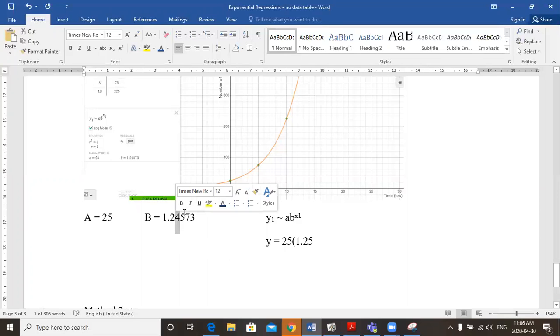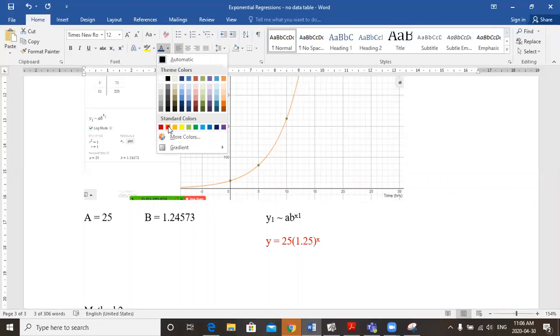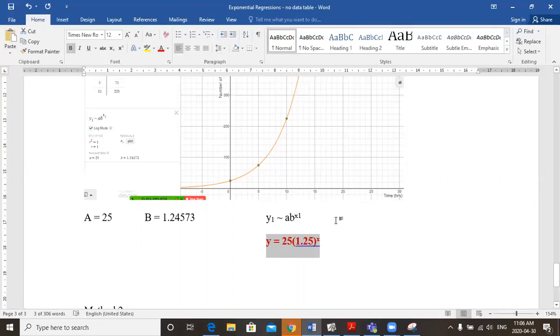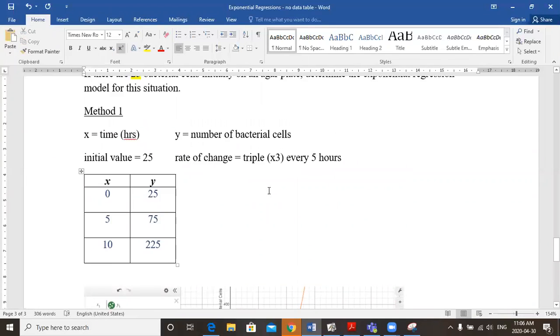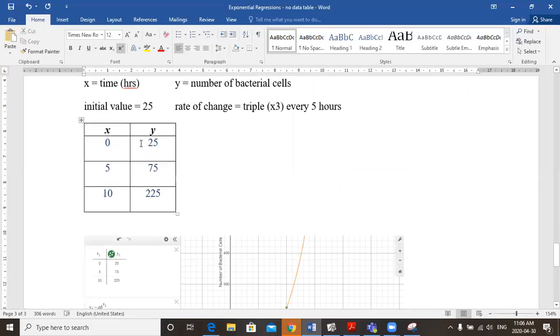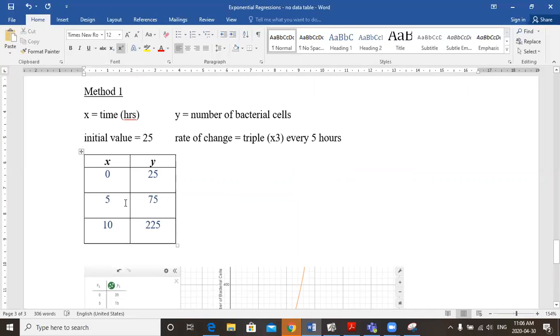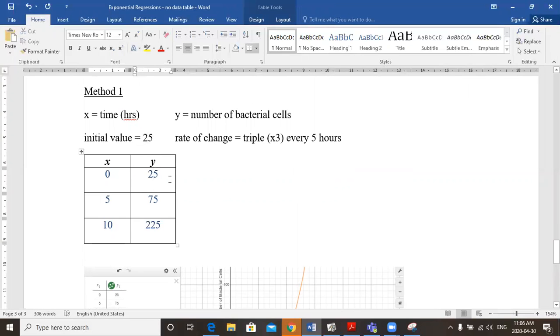The 4 gets rounded up. So 1.25 to the power of x. And that would be our regression equation model for example 2, using Desmos and using the pattern that we have in this scenario. Again, getting 3 data points, based on the time frame going up by 5 hours and the rate of change tripling based on what the initial value was of 25.